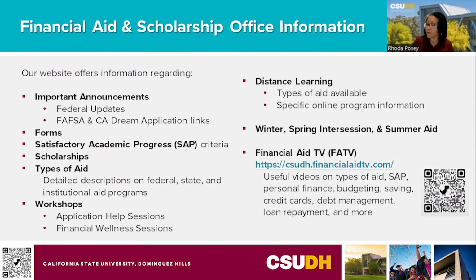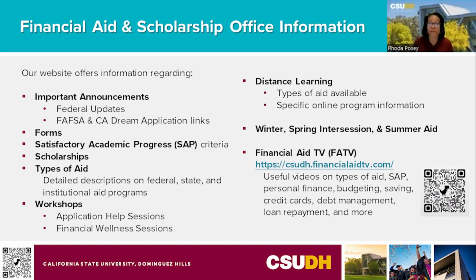So why is our webpage so important? We have our announcements. If we have any federal updates, the FAFSA CalDream Act application links, or forms, if there's anything that you need to submit to us, one of our forms, you can access it from our website. Satisfactory Academic Progress, there are several questions related to that for returning students, but our criteria is on our webpage.